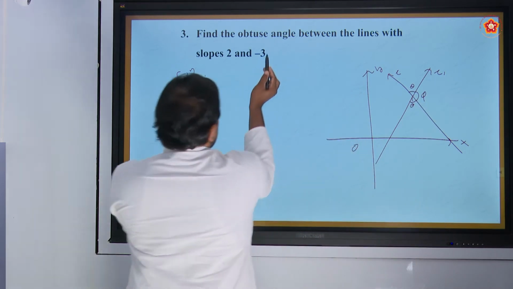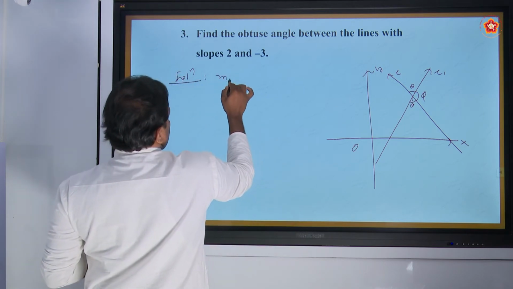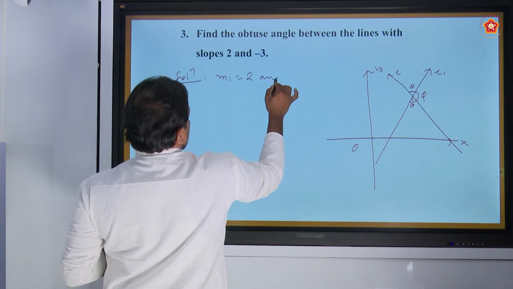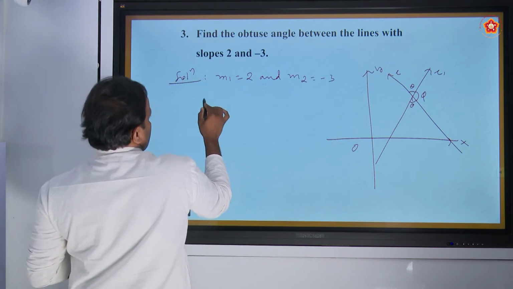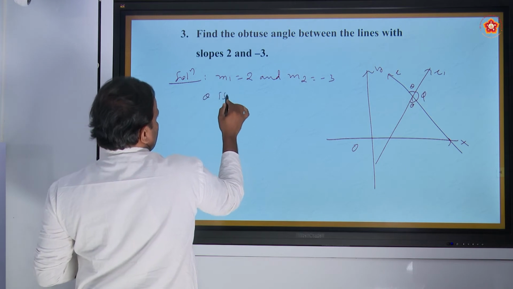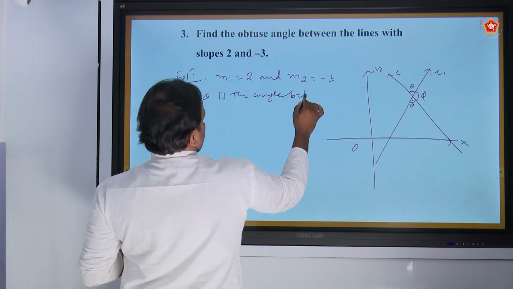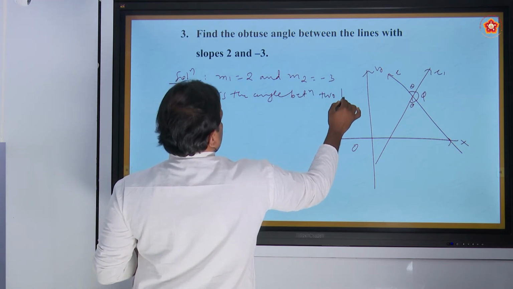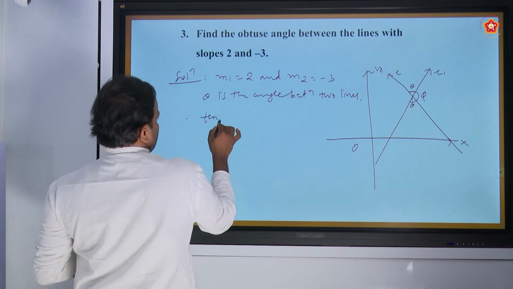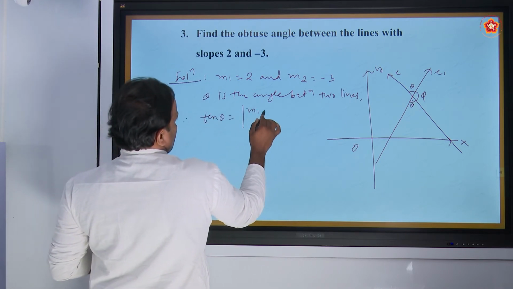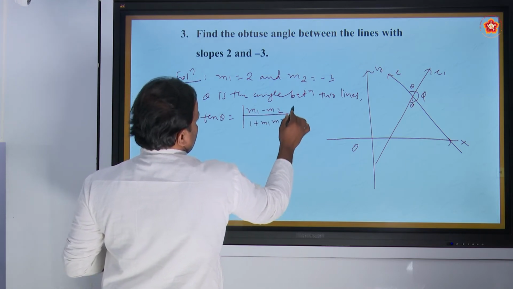See what is given here. Find the obtuse angle between the lines. Slopes are given here: m1 is equal to 2 and m2 is equal to -3. Okay. We know that if theta is the angle between two lines, the formula is tan theta equal to mod of m1 minus m2 divided by 1 plus m1 into m2.